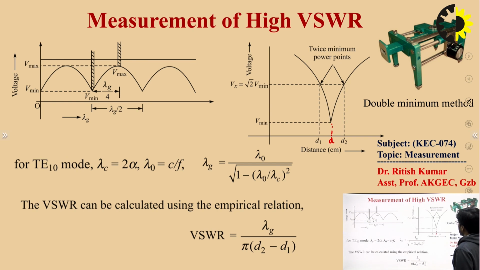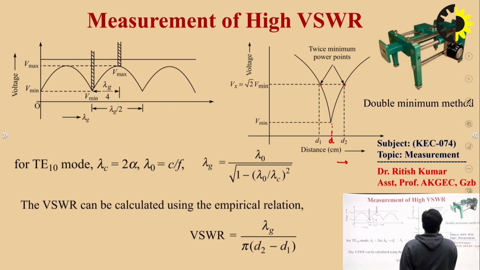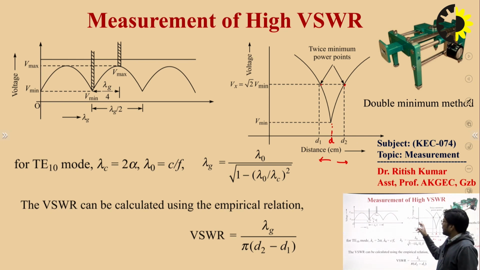Now you can see you will get 2 points after moving in the forward direction and backward direction with respect to this reference minima. These are the points where you get 2 times the V minimum.